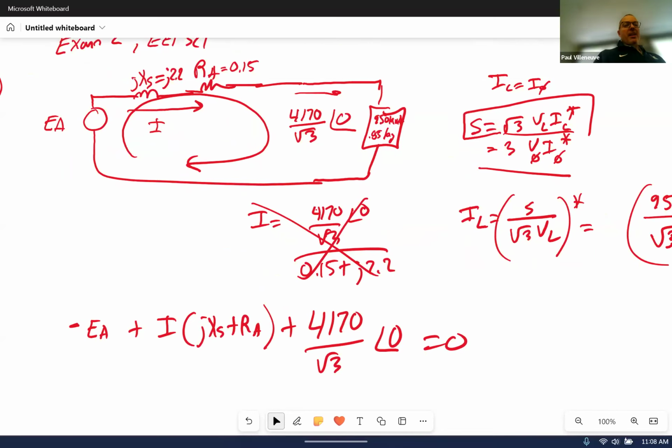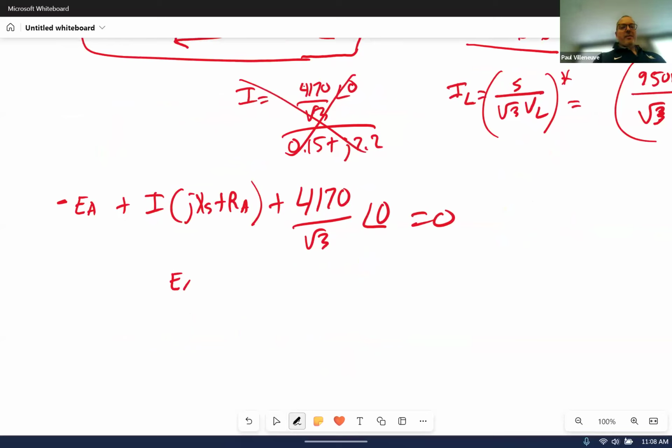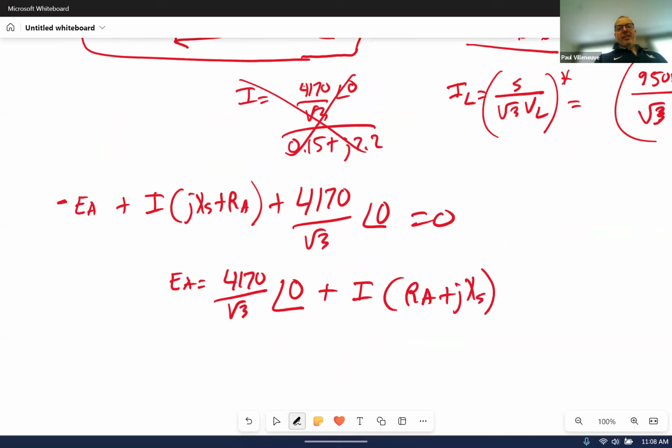I didn't put the minuses and the pluses here, but hopefully you all can do those pretty quickly yourself and identify the pluses and minuses. So all you needed to do for part B: EA equals 4170 over the square root of 3 at an angle of 0 plus I times (RA plus jXS).